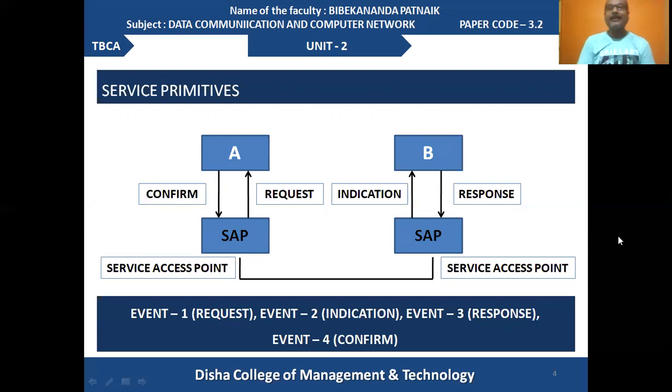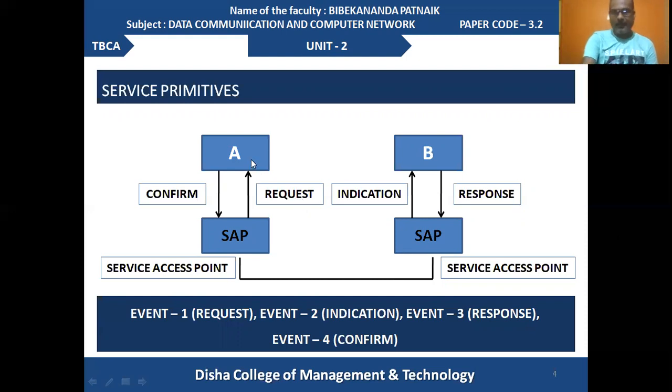In this diagram, there are two nodes, A and B. A directly communicates with the SAP, the service access point, and normally the first is called event one, which in this case is the request.